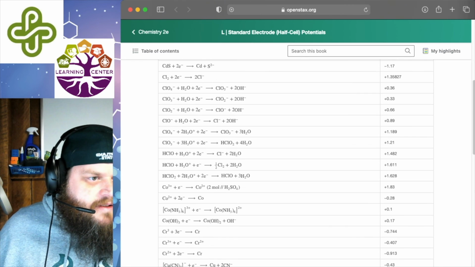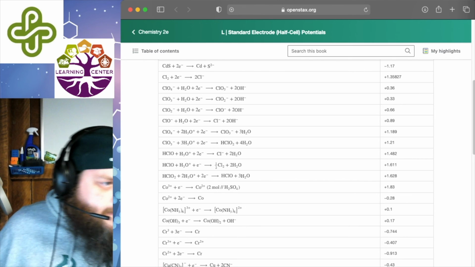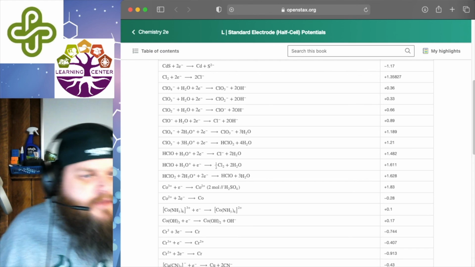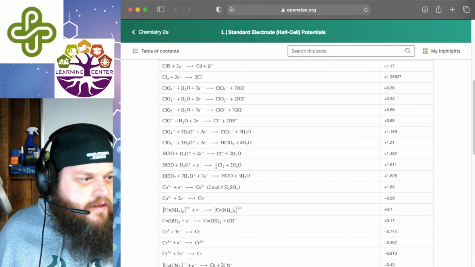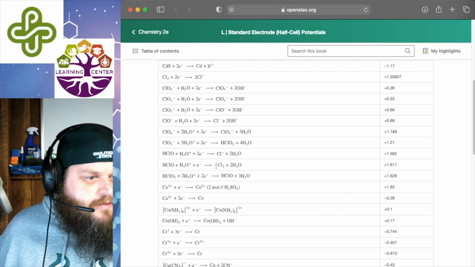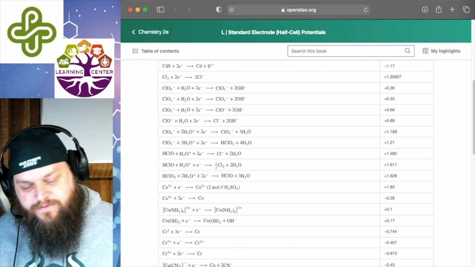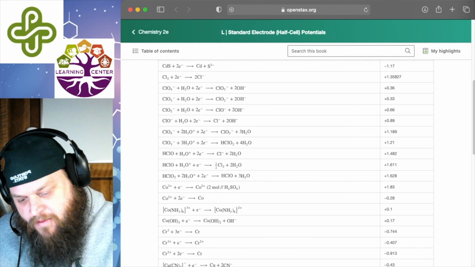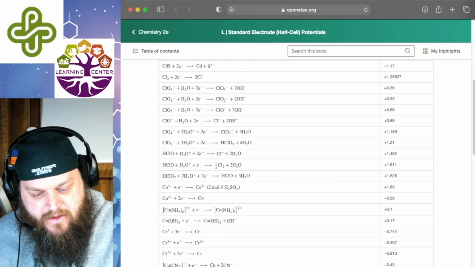Oh, that's C, that's why. Cu is down here. That's this one, that's 0.153. Notice that the reaction from 2+ to solid has a greater voltage potential. The reaction from 2+ to + has a much smaller voltage potential. So I'll write that here on my tablet that you can't see yet.